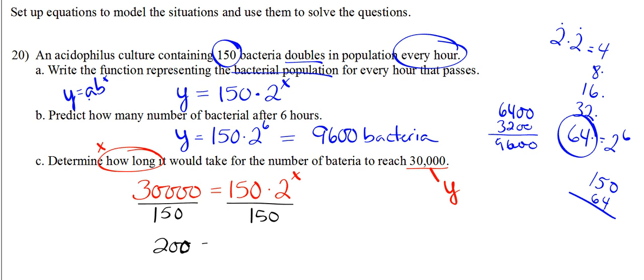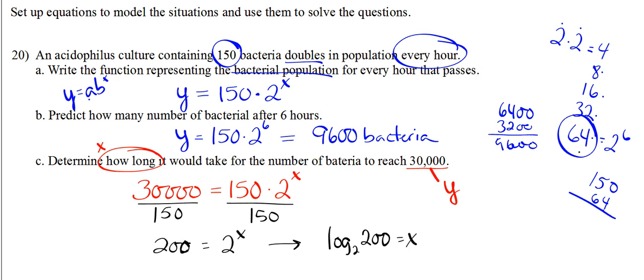So we get 200 equals 2 to the x. Now how do we get that x out of the exponent? We are going to switch it into log form. So that's a log of base 2. The base stays the base. The other two trade spots. So the x was with the 2, but when we switch into log form, now the 200 is going to be with the 2. It's equal to x.